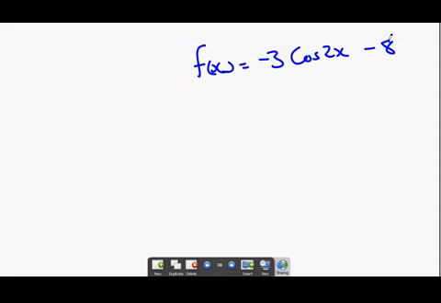So in this case, you are looking at the two numbers, this number and this number. I am going to start at minus 8. Minus 8 is clearly coming from there.